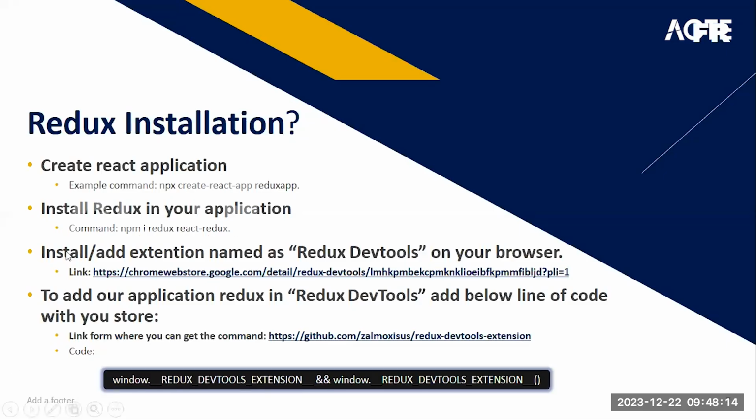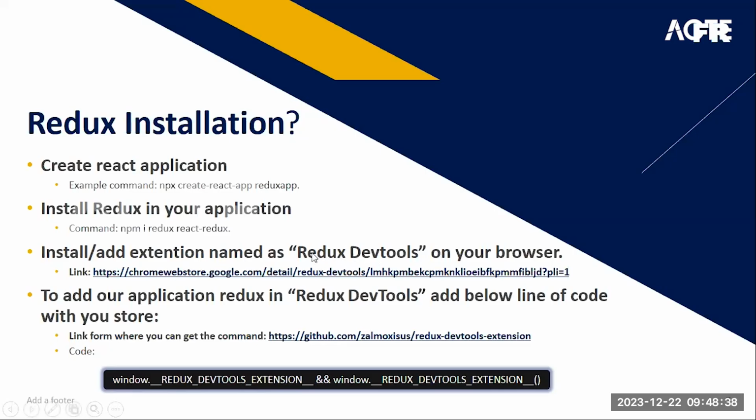From where can we install the Redux tools? There is an extension to install, and the name is Redux DevTools. You need to add the Redux tool to your browser. This is optional. You can add the Redux DevTools or not.